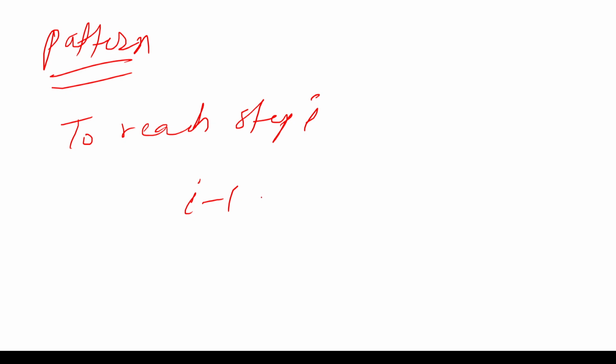Once you understand this, you will ask what the pattern is here. Have you noticed the pattern? To reach a step I, where must you come from? From I minus 1, I minus 2, or I minus 3.